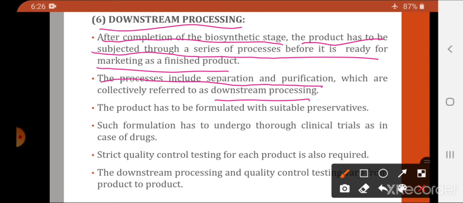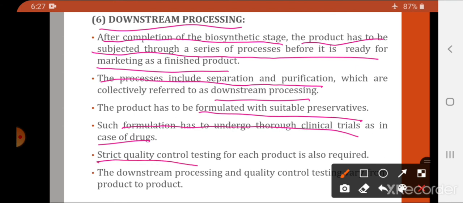The product has to be formulated with suitable preservatives. जो भी प्रोडक्ट है उसको प्रिजर्वेटिव के साथ ऐड करना ज़रूरी है. Such formulations can undergo clinical trials as in case of drugs. अभी जो भी प्रोडक्ट्स है उसको क्लिनिकल ट्रायल देना ज़रूरी है. जैसे कोई मेडिसिन इंट्रोड्यूस करते हैं या कोई भी ड्रग्स को टेस्ट करते हैं, तो डायरेक्टली कुछ उसको यूज़ नहीं करते, उसके क्लिनिकल ट्रायल्स होते हैं. एंड दैट इज़ ऑल्सो डन फॉर द रिकॉम्बिनेंट प्रोडक्ट्स.